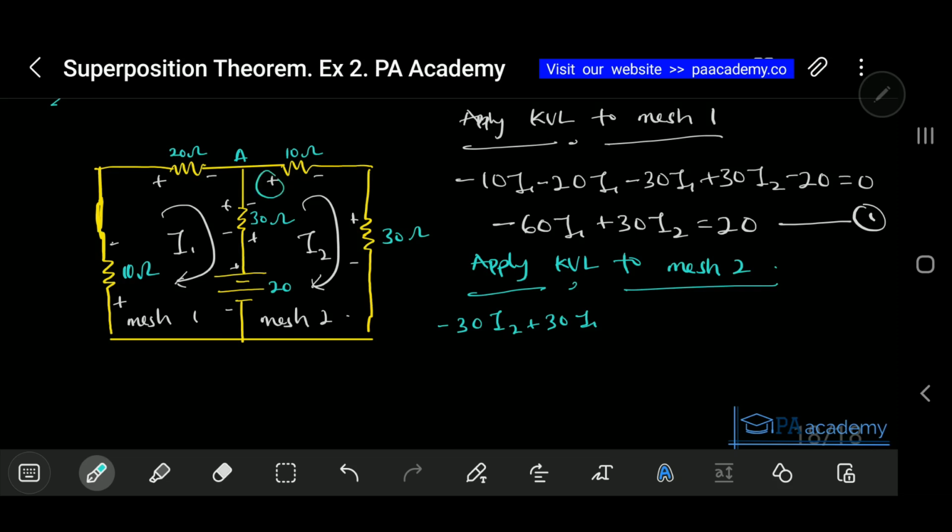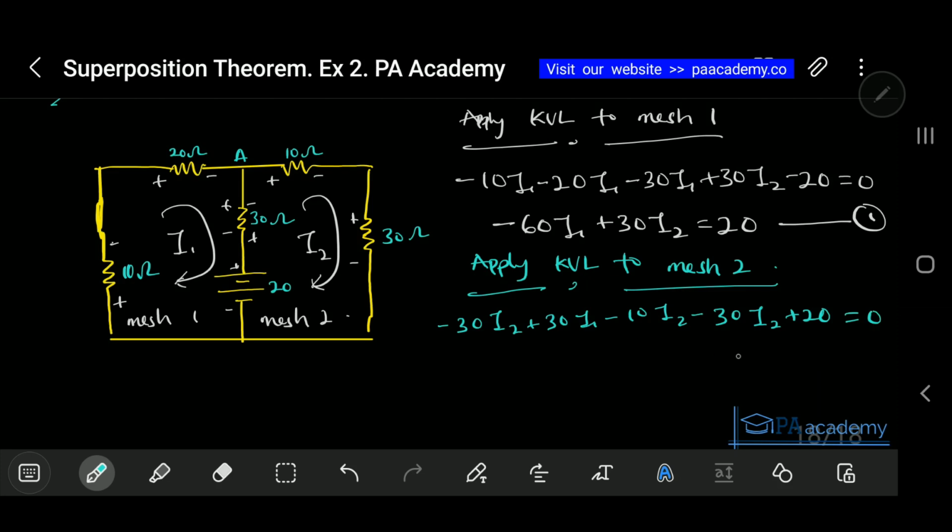We'll move over here from positive to negative, so that will be minus 10 I2. And for this, we'll have minus 30 I2. Then this is from negative to positive, so that will be plus 20. This will not be plus 20 I2. Don't make that mistake because it's the voltage source. Exactly. Then equals 0.